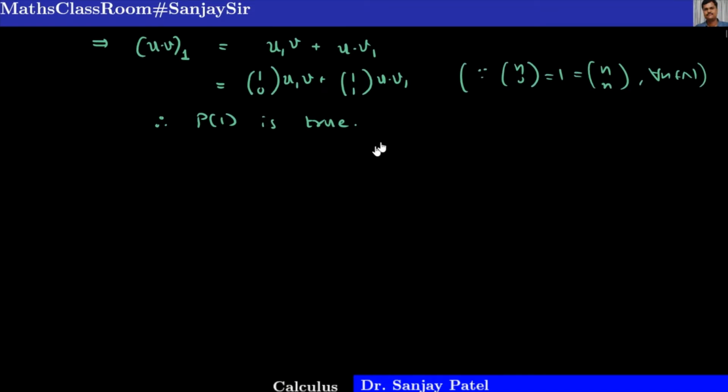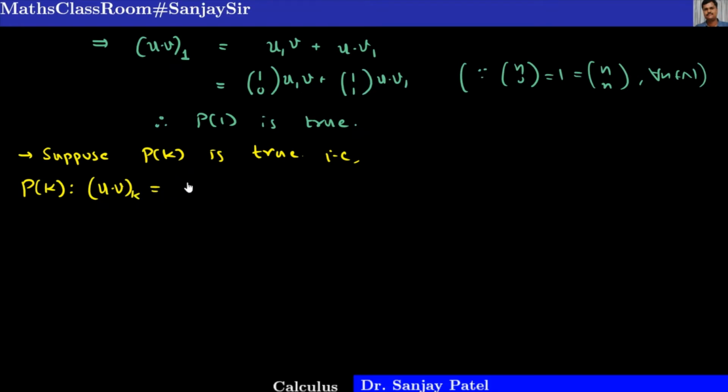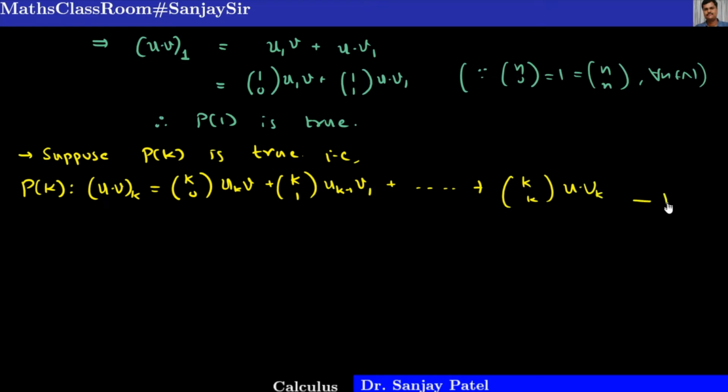That means we suppose that P(k) is true, and we can write P(k) as the kth order derivative of u into v is kC0 uk v plus kC1 u(k-1) v1 plus, and so on, plus kCk u vk. This we are calling result number 1.